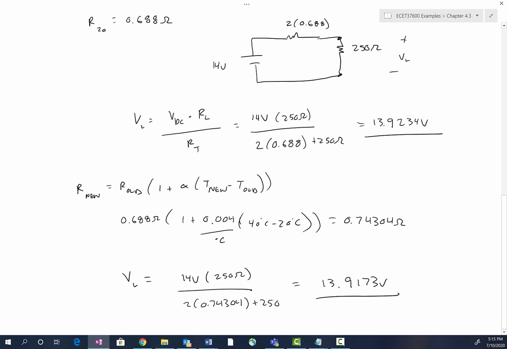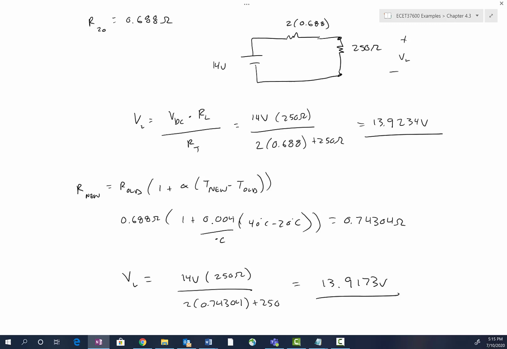So you can see what the effect was: the increase of 20 degrees C with the same wire interconnect caused the load voltage to decrease from 13.9234 to 13.9173. And that's because of the increase in resistance of the wire that connects the source to the load.